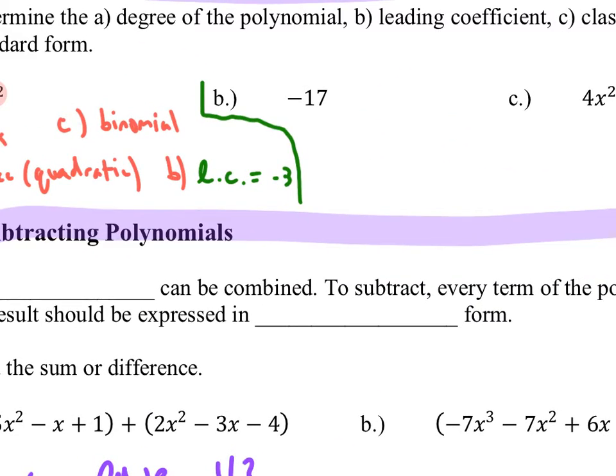Let's see if this helps a little bit, zoom in. So degree of the polynomial, this one has no variables, so that's a degree of 0, which means that it is a constant, which makes sense because negative 17 does not change, so it is constant.